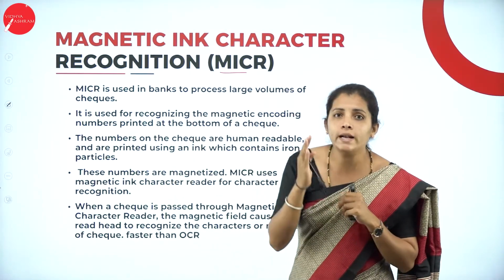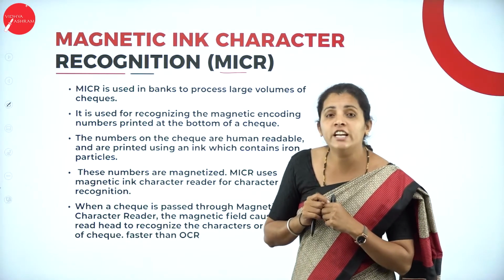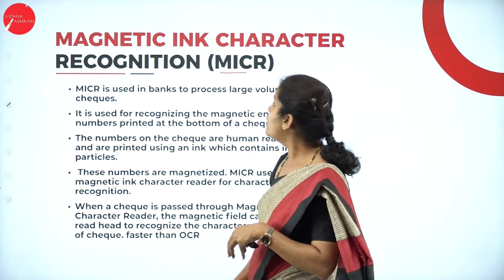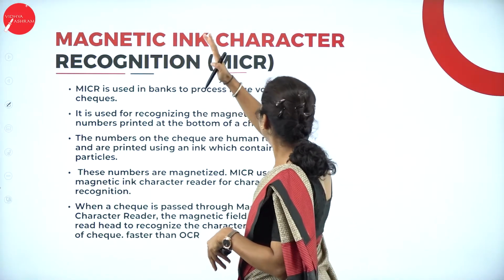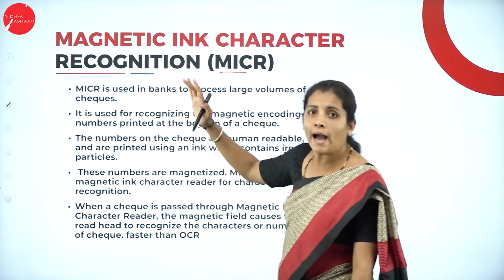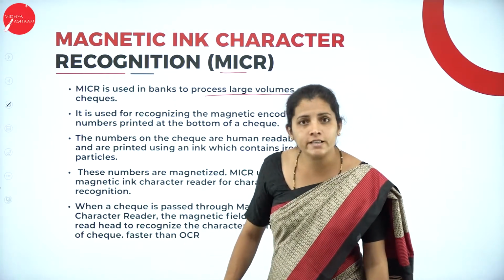It is a type of input device that is mainly used to read checks in the banking system. Magnetic ink character recognition is used in banks to process a large volume of checks.